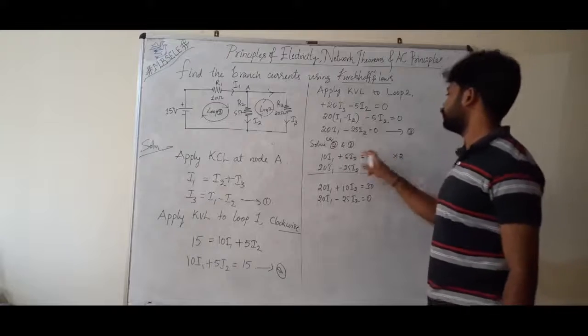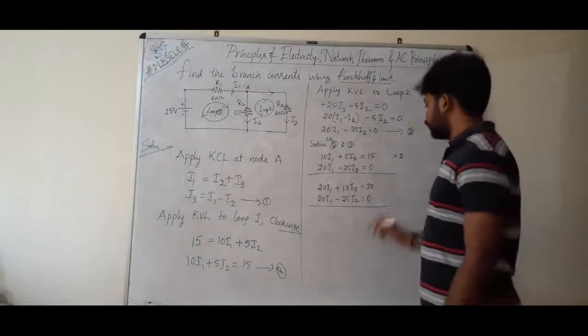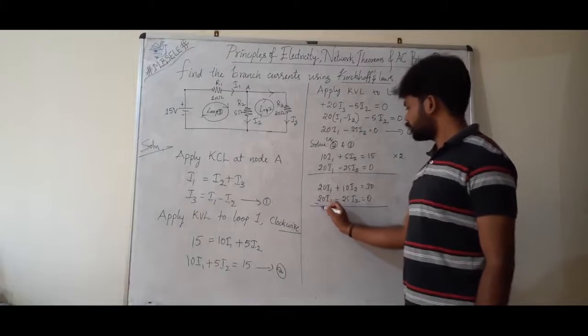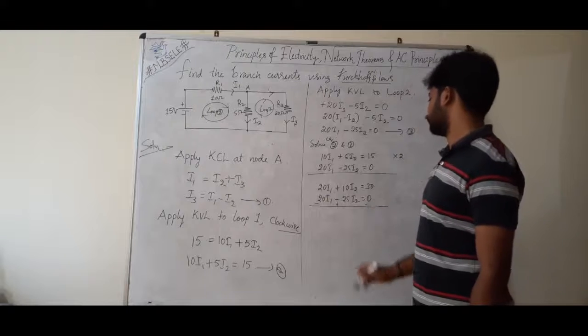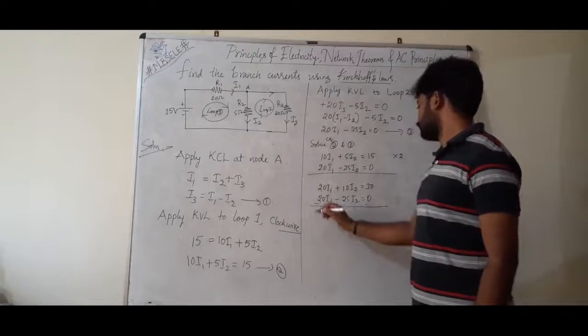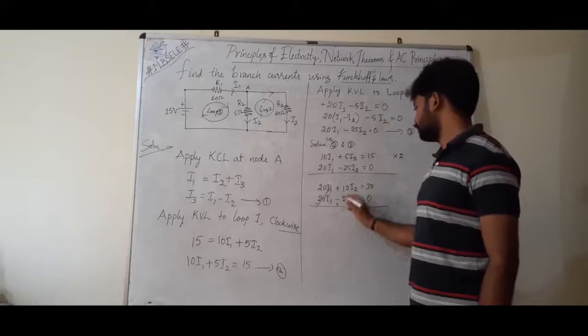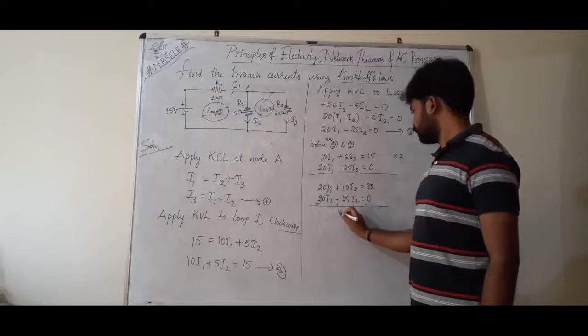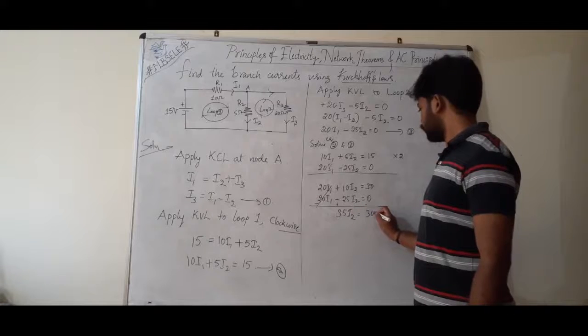We have multiplied by 2 on both the LHS and RHS. Now let us change the sign and subtract, so the I1 term cancels and we get 35I2 is equal to 30.